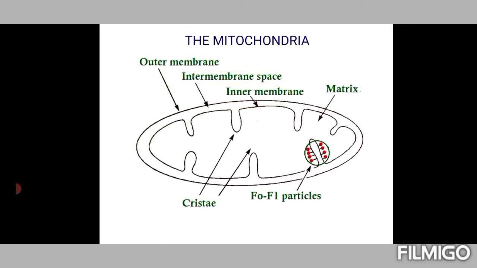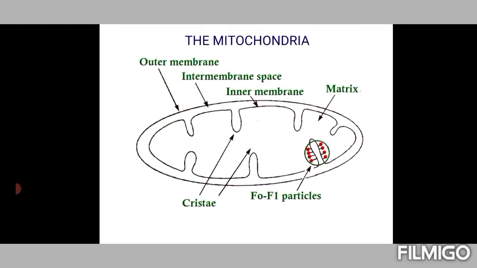These membranes and the space are important, as well as the matrix where the Krebs cycle occurs. Apart from that, there are cristae, which are invaginations of the inner membrane into the matrix, and on these cristae we can see what are called F0F1 particles, which are also called ATP synthase molecules. We will see that in detail later.